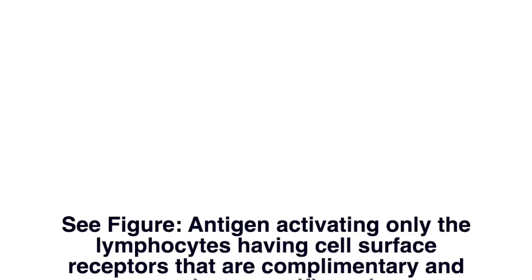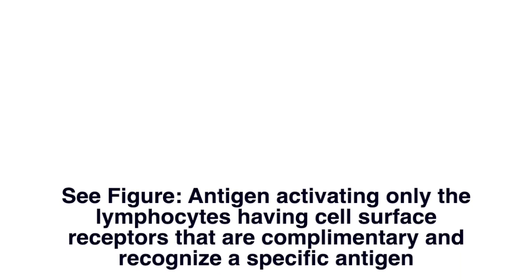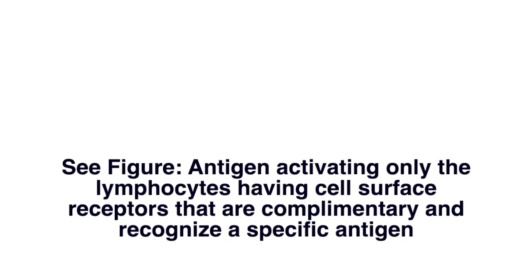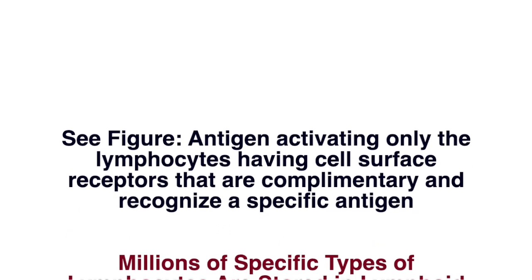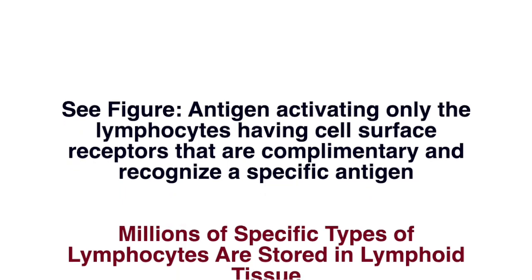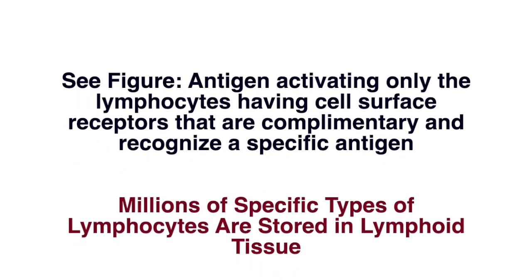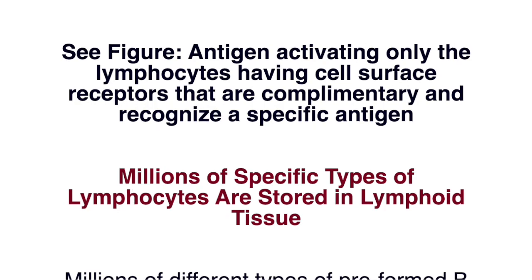See the figure, antigen activating only the lymphocytes having cell surface receptors that are complementary and recognize a specific antigen, shown just earlier. Millions of specific types of lymphocytes are stored in lymphoid tissue.